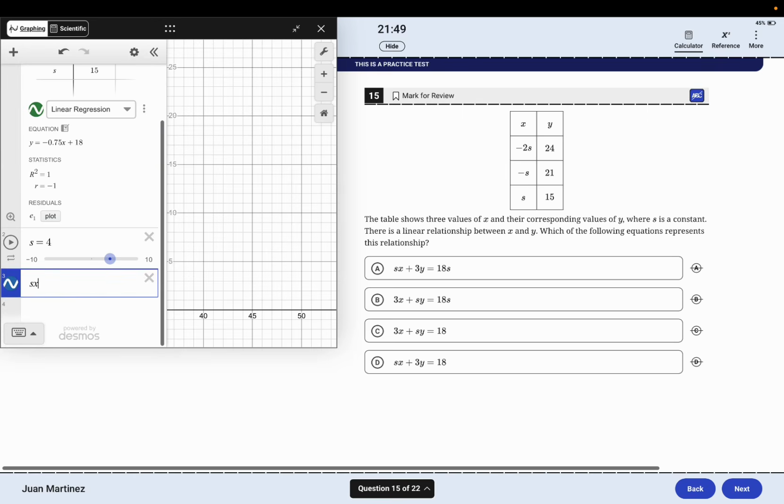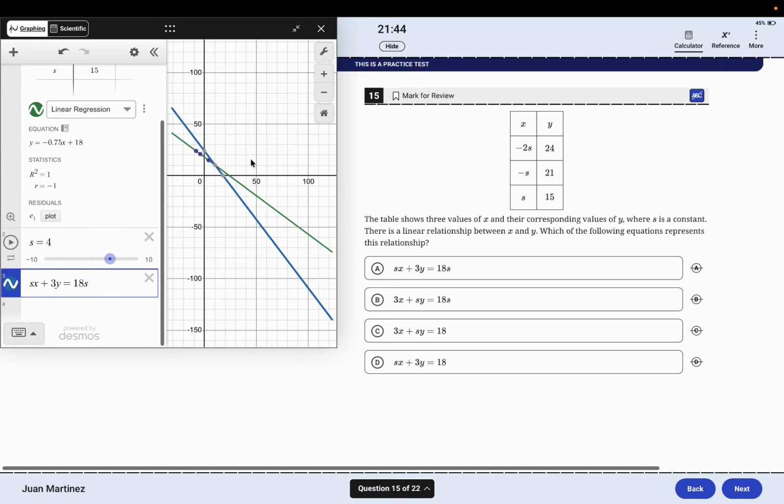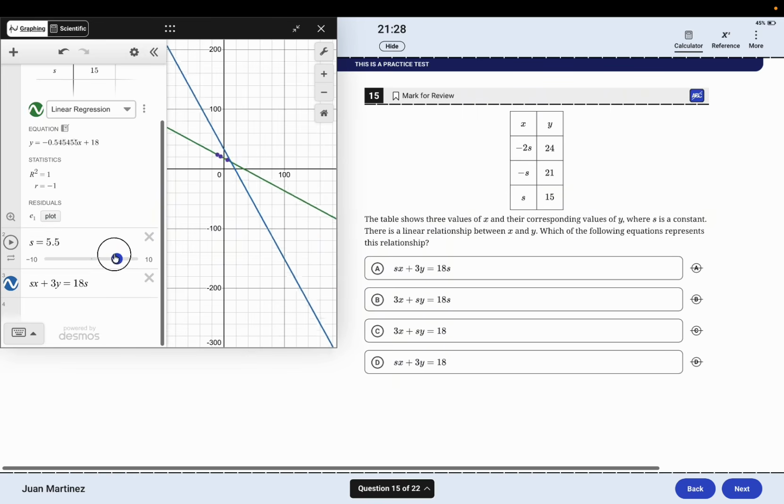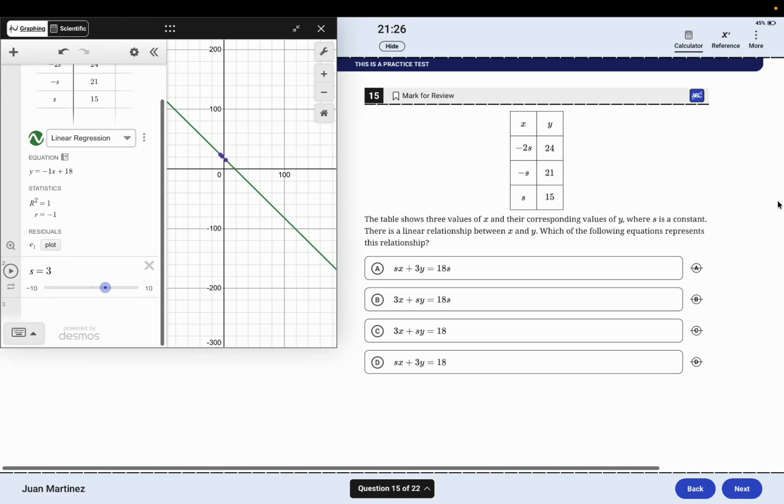So if we choose s plus 3y equals 18s, as you can see, maybe sometimes they'll be the same, but they won't always be the same. So it's not this one, because we're saying which of the following represents this relationship. That means for every value of s, it should be the same equation. So it's not a.